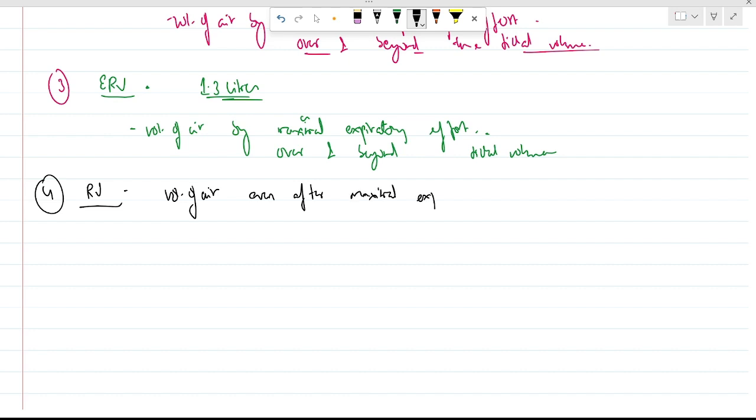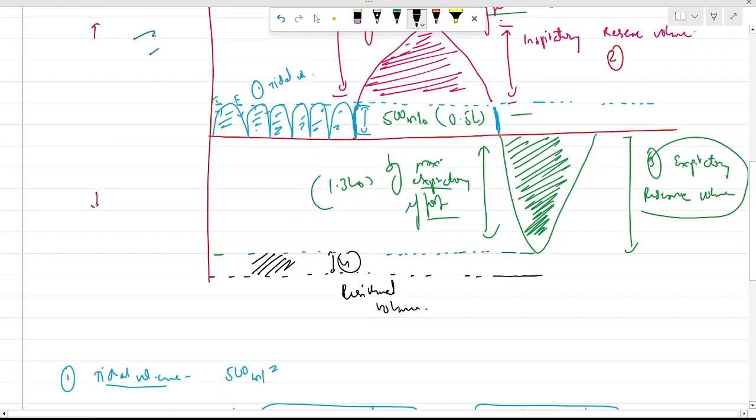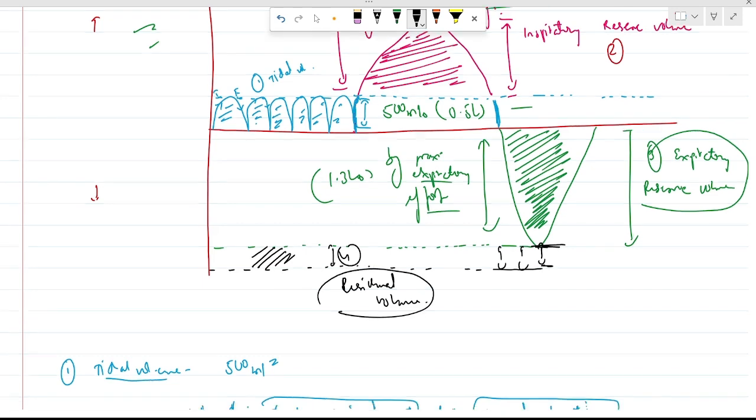Returning to the graph, you see even after maximal expiration this volume of air remains in the lungs: residual volume.